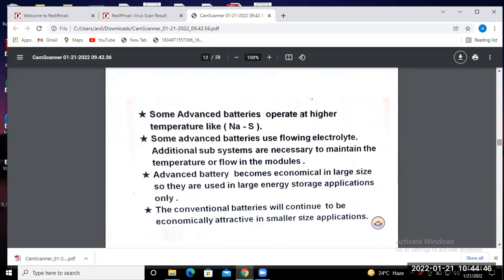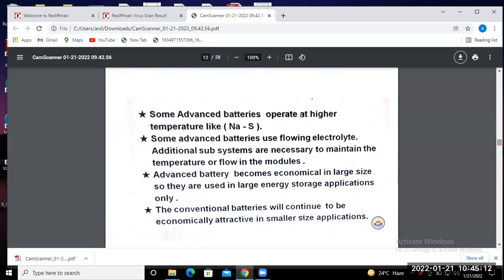The conventional battery will continue to be economically attractive in a smaller size, but for advanced batteries you may find their application in larger sizes, economically cheaper also. Okay, so this is the basic difference between the conventional battery and the advanced battery.